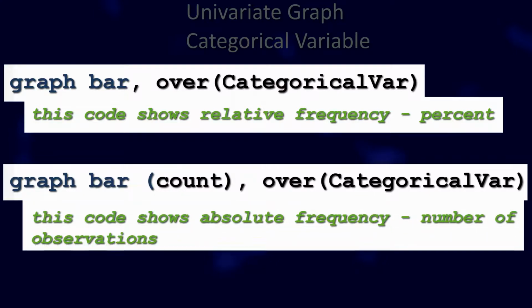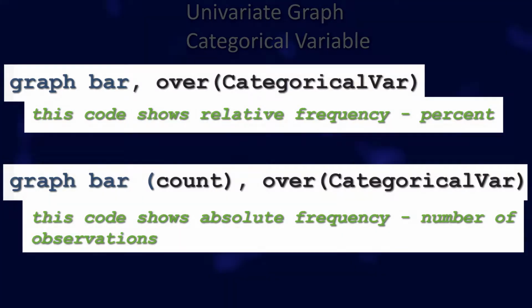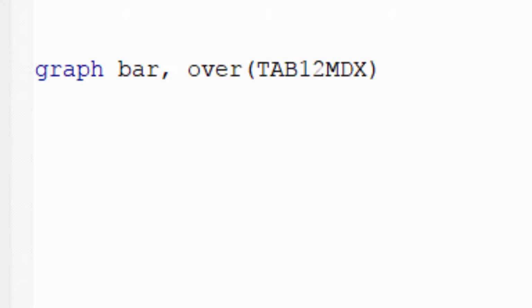This code shows absolute frequency, or number of observations. The command graph bar tells Stata to generate a bar graph for your categorical variable, in this case, tab 12 MDX. The graph shows percentages on the y-axis, that is, the percentage of observations in each level of the named categorical variable.